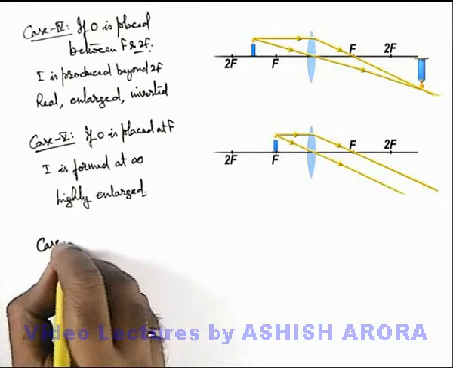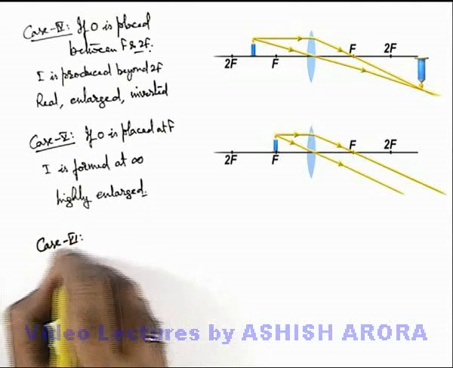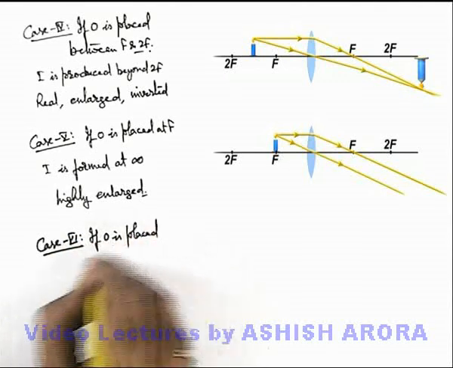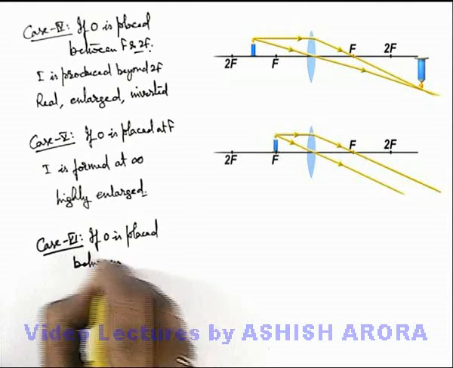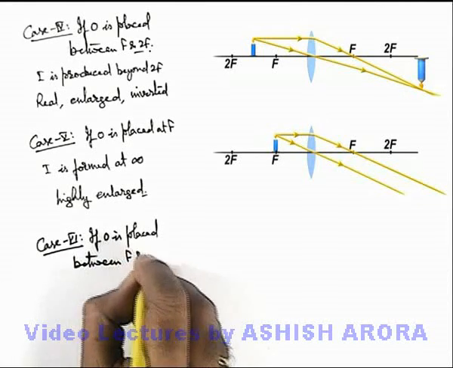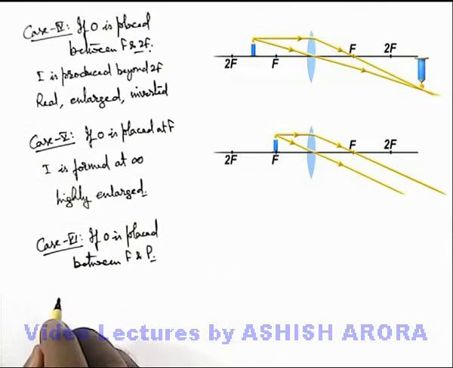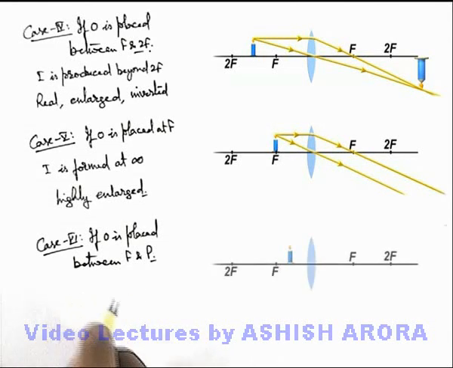And the last case, the sixth case, if O is placed between the focal point and the pole of the lens, or the optic center of the lens, then in this situation, if we consider a ray incident on the optic center, it will pass undeviated, and the ray incident parallel to the axis will pass through the focal point, the secondary focus of the lens.